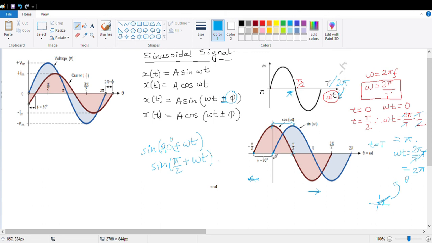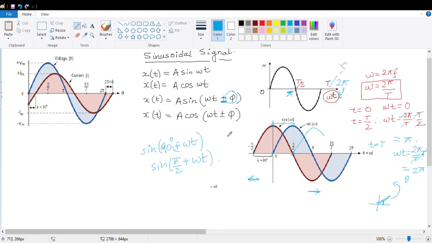Similarly, if another signal starts at a right hand side point with respect to the reference signal, you will understand that this signal should have a minus phi, because it is lagging with respect to the reference signal.